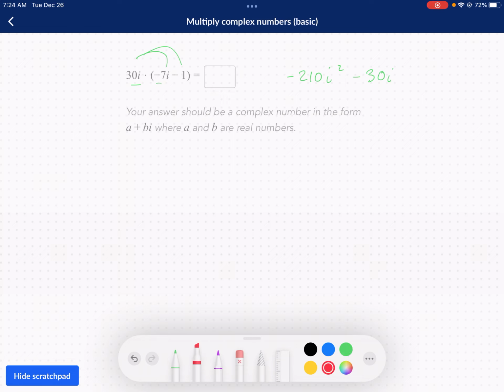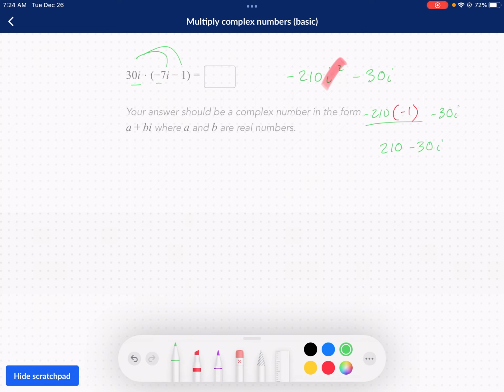Okay, now I'm going to handle that i squared. So that i squared really is a negative 1. Let me go ahead and write that out. So negative 1. I still have that negative 210 there. And then I have minus 30i. There's nothing left to do with that minus 30i. That just kind of stays there. All right, now we need to handle this. We have a negative times negative. That's a positive 210 minus 30i, and that's it.